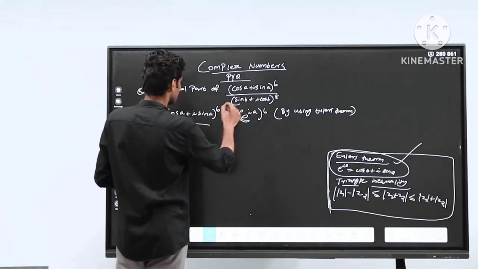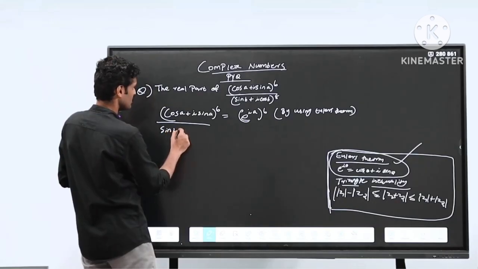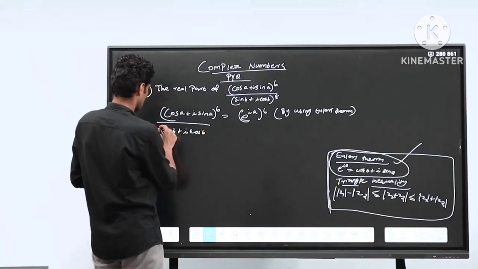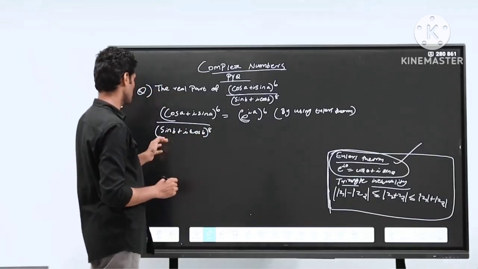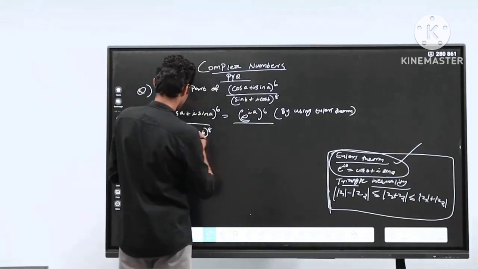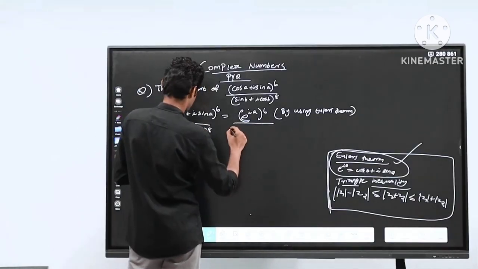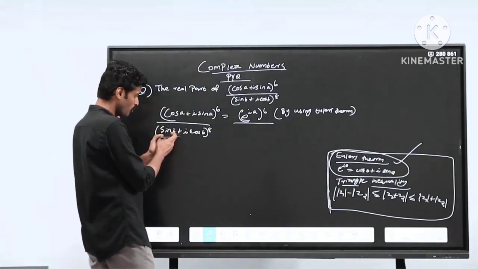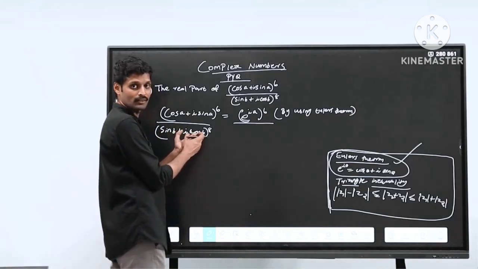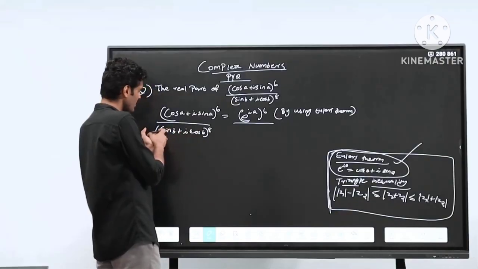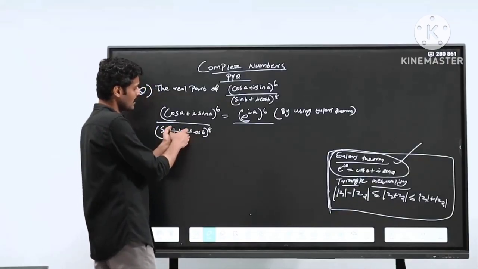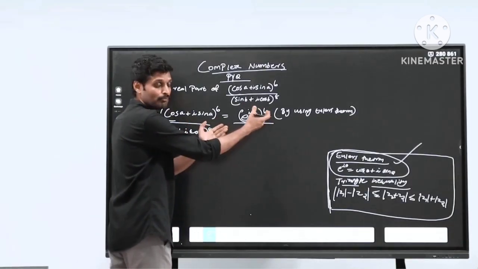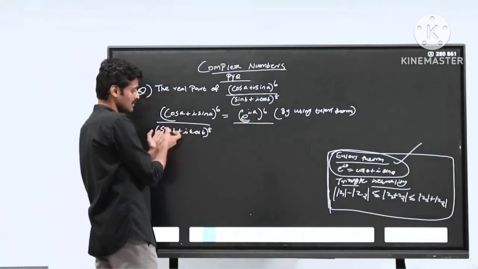Then the denominator: it is (sin B plus i cos B) whole raised to 8. We can rearrange this denominator, with sin rearranged in terms of cos and cos in terms of sin, because if we arrange (cos B plus i sin B) whole raised to 8, that means we can apply Euler's theorem again in this denominator.